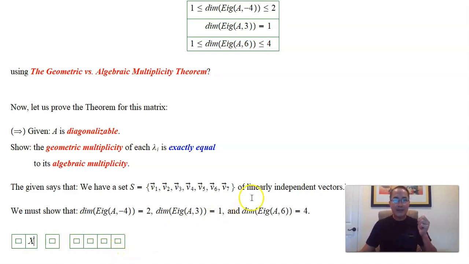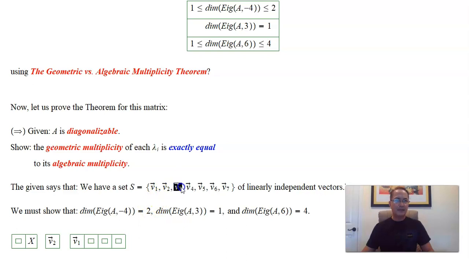Why can we do that? We know that these 7 vectors are all eigenvectors, and in fact they're independent. So where am I going to put V1? Maybe it belongs in the third eigenspace. These are just randomly numbered eigenvectors. Where is V2 going to be? Maybe it's in the second one.